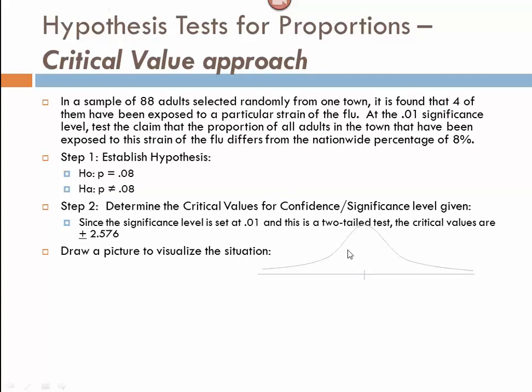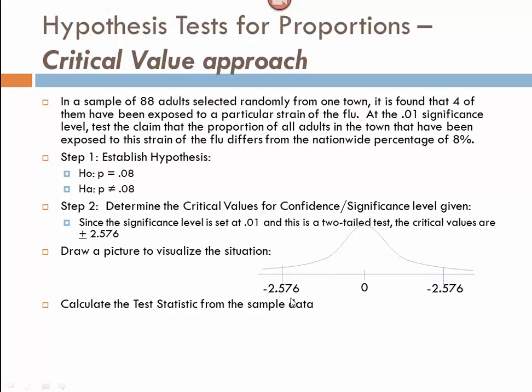If you go down to the bottom, because we have a not equal to, this tells me we're doing a two-tailed test. So at the very bottom of the chart, we go over to two-sided p and find specifically 0.01. 0.01 split up into two tails means that we have half of a percent, 0.5%, 0.005 in each tail.